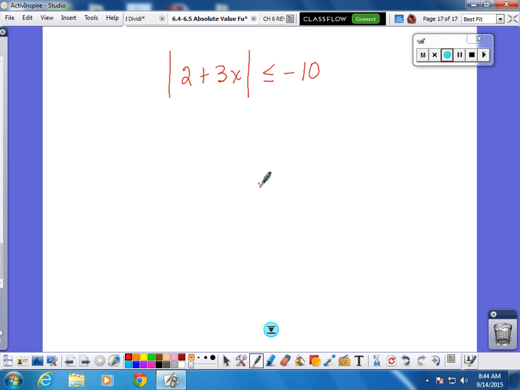What's the answer to this? How come? If it can't be equal to a negative, how can it be less than a negative, right? You want to change one thing.